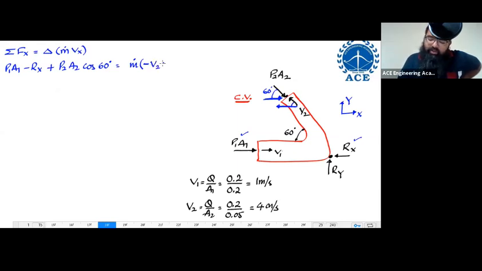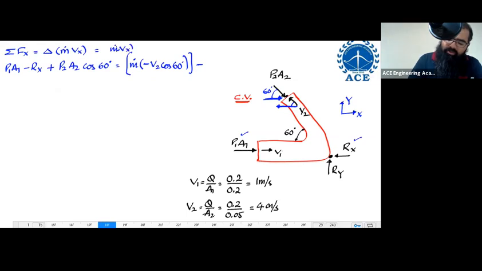Negative V2 cos 60. This is my final m dot minus initial m dot into velocity in x. I hope you're following. This is basically m dot into velocity in x final minus m dot into velocity in x initial. Now see, in the final section you are having negative direction. That is why I wrote negative. Then this minus.